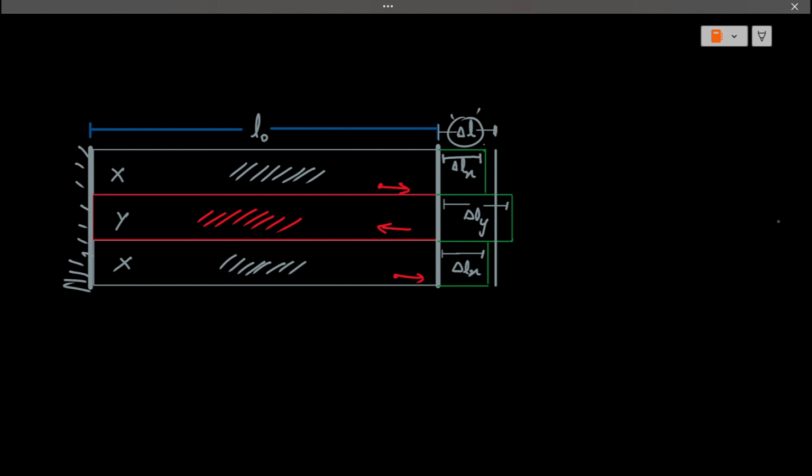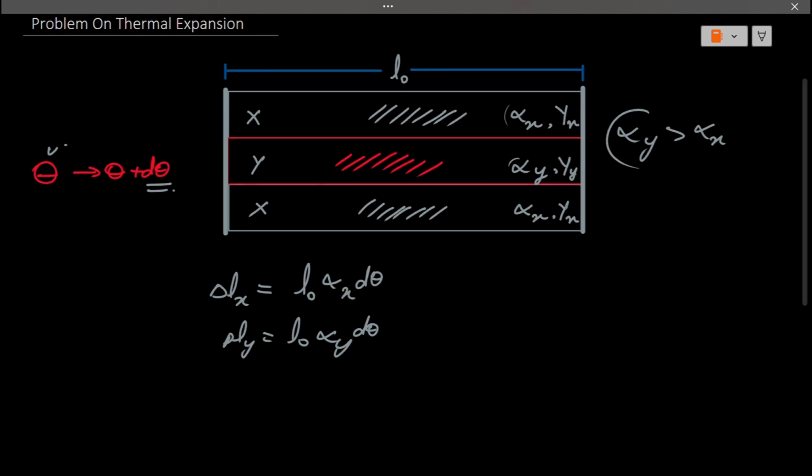Now we know that due to thermal expansion we'll have some extended length for X, so we have delta Lx, and the same for Y as well. Y will extend more though, due to the greater coefficient of expansion. We had this information earlier.